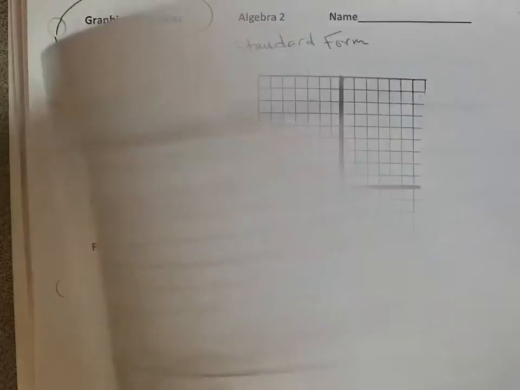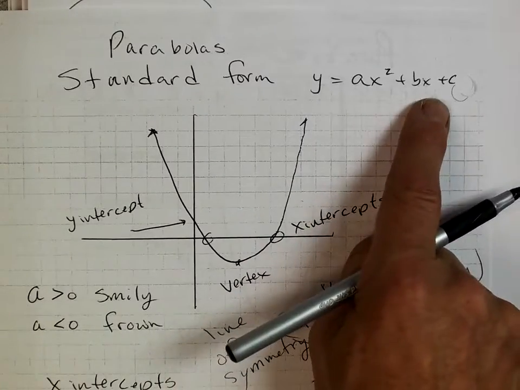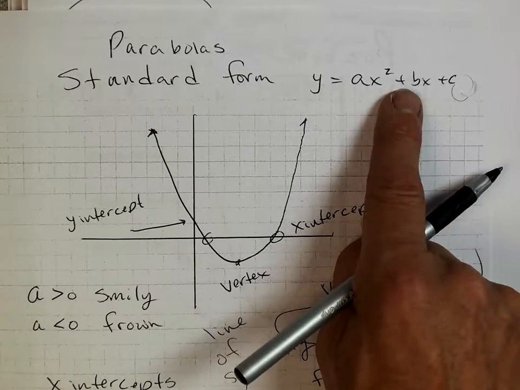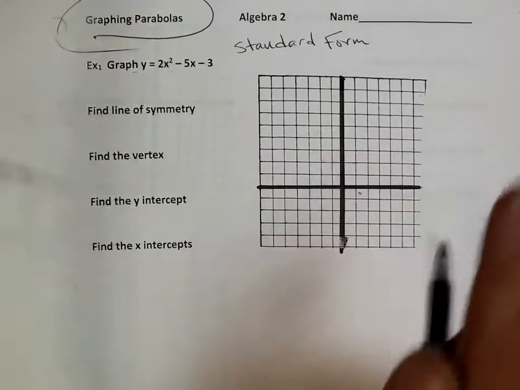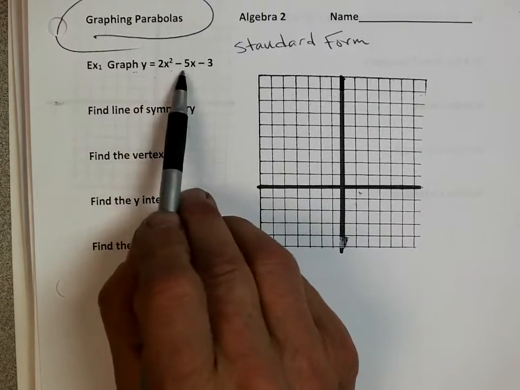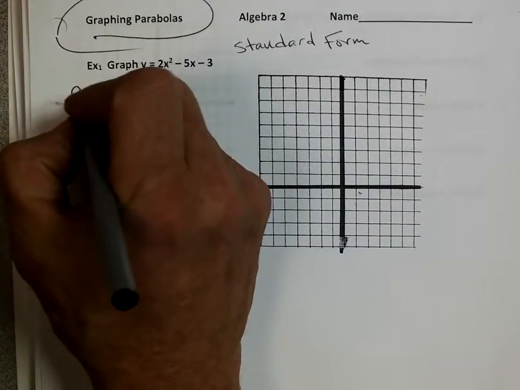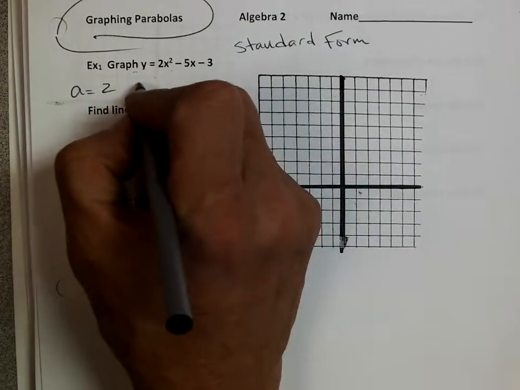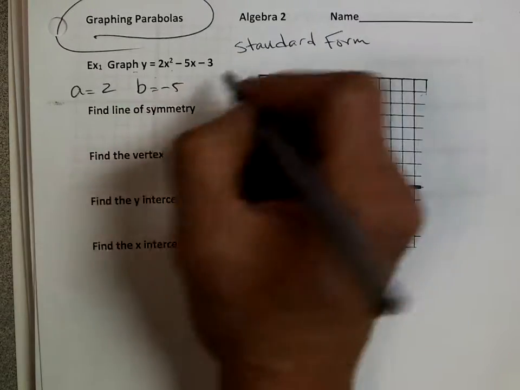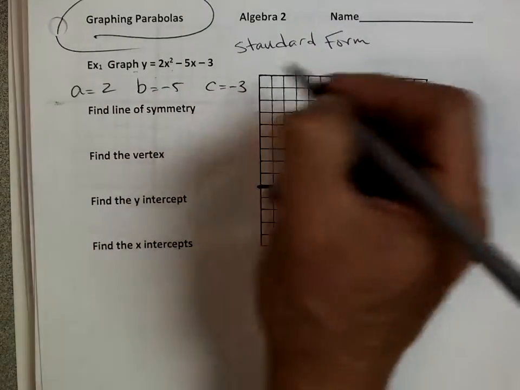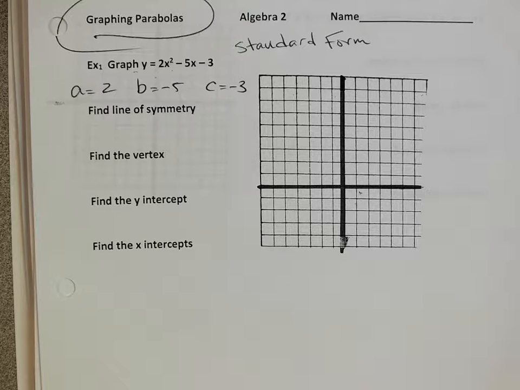It looks like standard form, where A, B, and C are numbers. In this case, A is 2, B is negative 5, and C is negative 3.